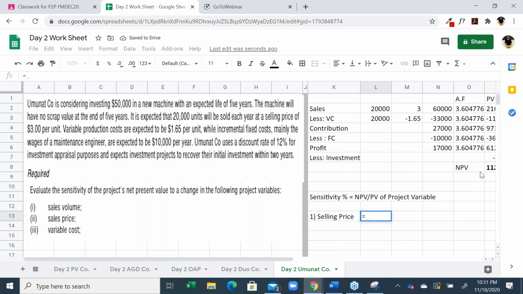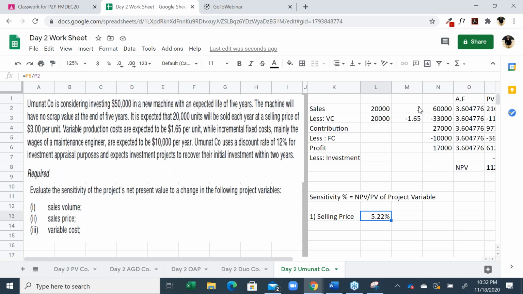So the NPV is 11281, and since we are looking for the price change, we should divide it by the present value of the sales revenue. To check the sensitivity of the project towards the selling price, we should always divide NPV by the present value of sales revenue, remember, and the resulting answer should always be reported in percentage. So it says if the selling price is reduced by 5.22%, the NPV will be 0.